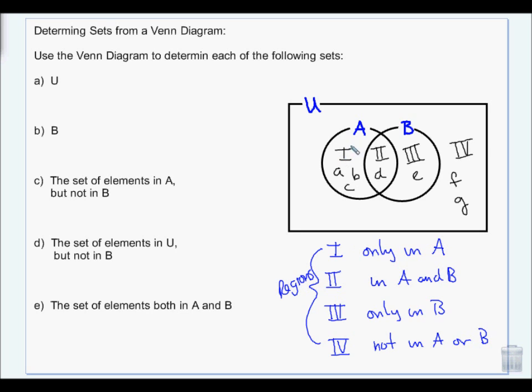So we're going to ignore the Roman numerals as far as elements of the set. They're not elements of the set. They're just so you can say, okay, these elements that are in here are only in A. These are in both A and B. These are only in B, and these are not in either. Okay.